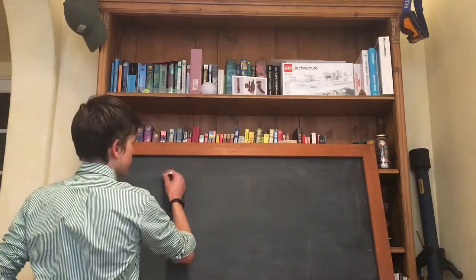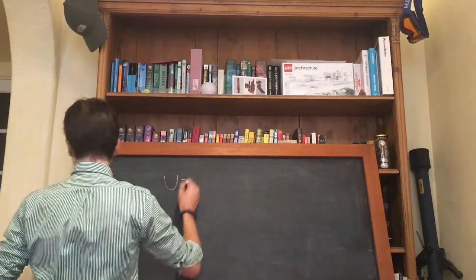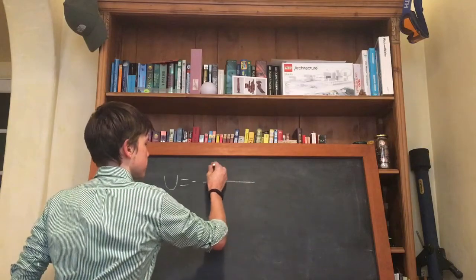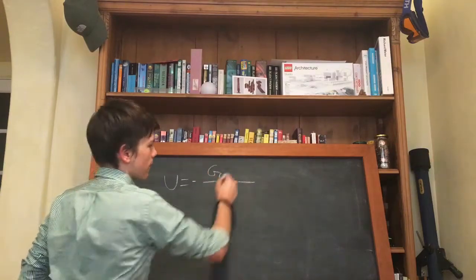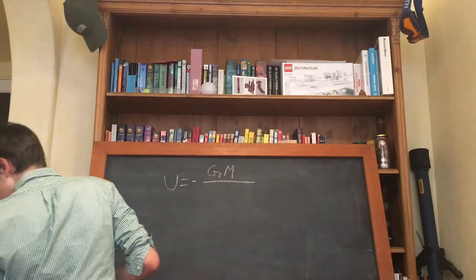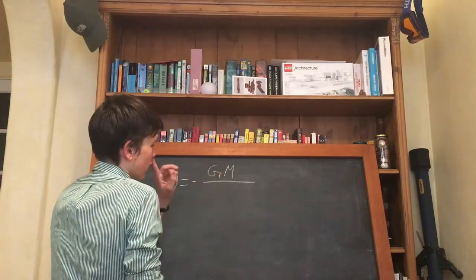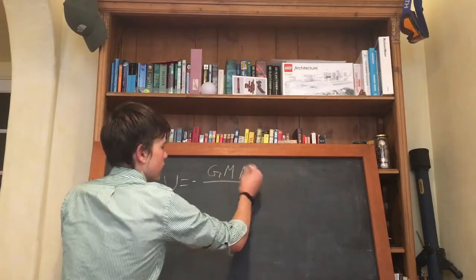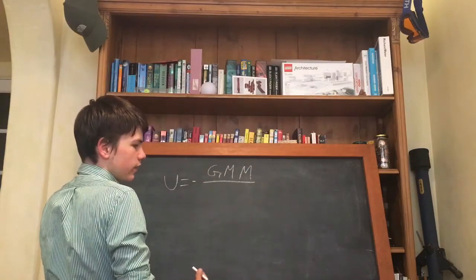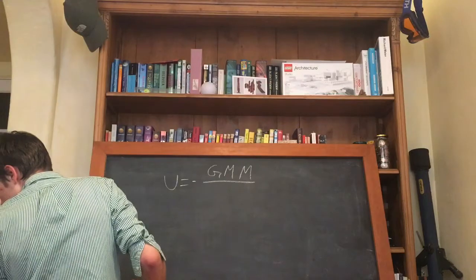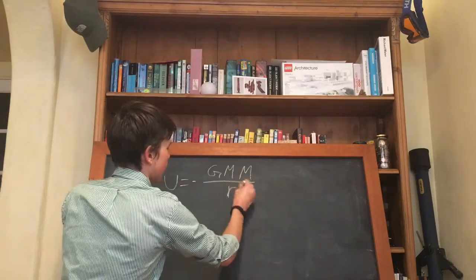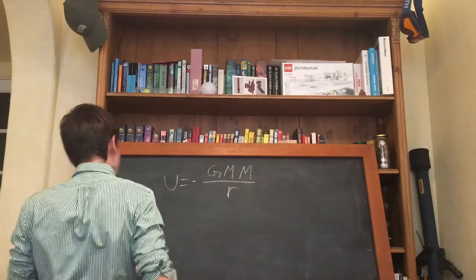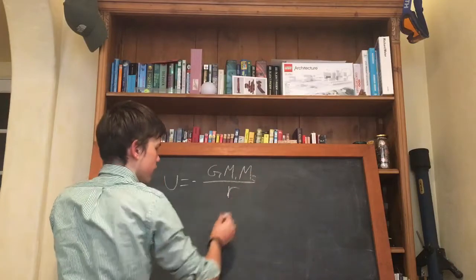So we're going to use potential energy here, or U, is equal to negative G, which is the gravitational constant, times the mass of the object that is revolving, and then the mass of the object that is in the center. And then all that divided by the radius, which is how far apart the two objects are. So we're going to call these 1, 2 basically.